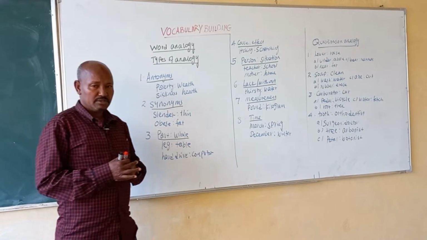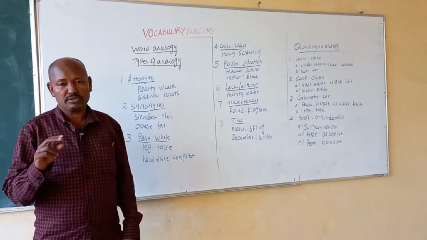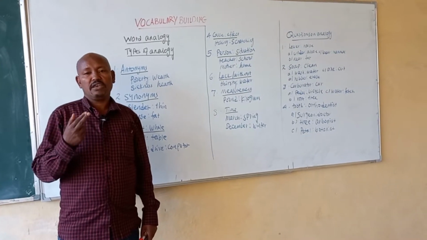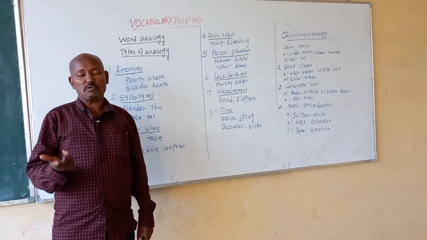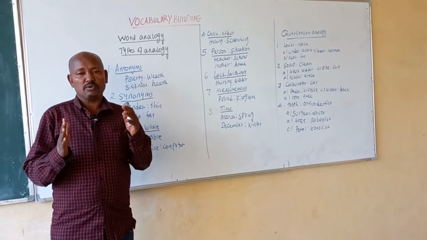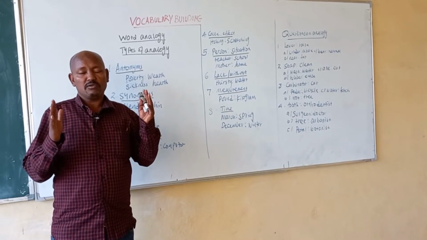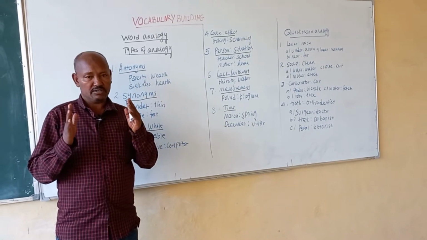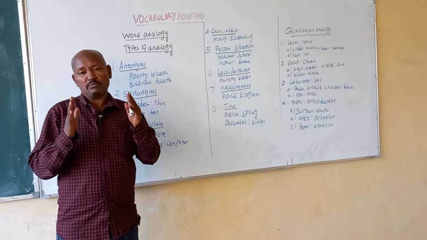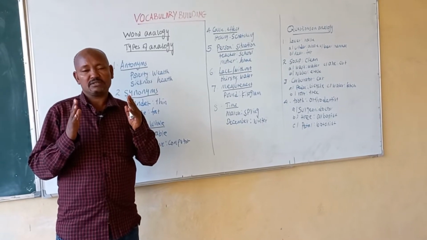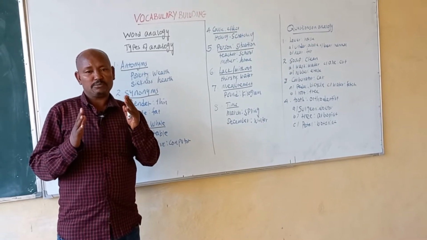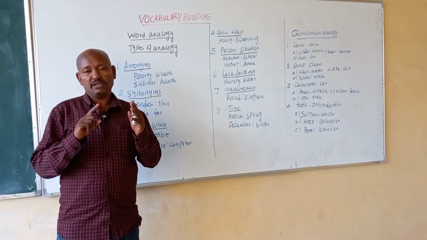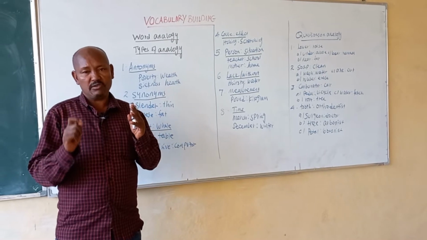Analogy means two pairs of words which show likeness, similarity, equivalence, and correspondence. This is one of the ways of understanding how one word relates to the other word. As I explained before, analogy means likeness, similarity, correspondence, and equivalence.